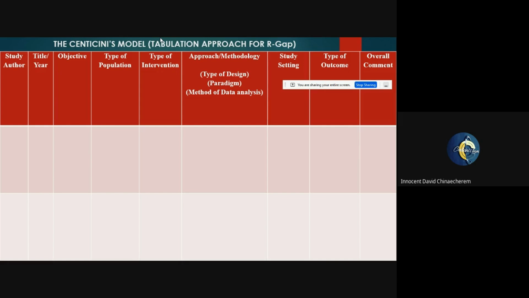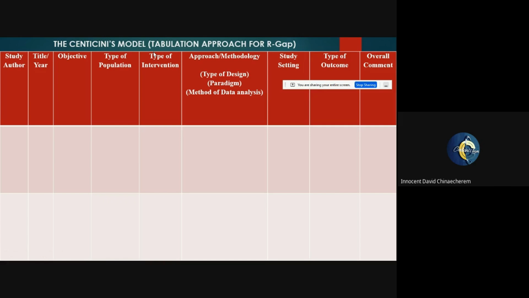Now, this brings us to the point of having a practical on how we can start our gap identification process, right? And this is what I call the tabulation approach for research gap, where we record the study author, title, the objective, the type of population. What you need to understand is that the columns you find here are largely dependent on the nature of your paradigm.